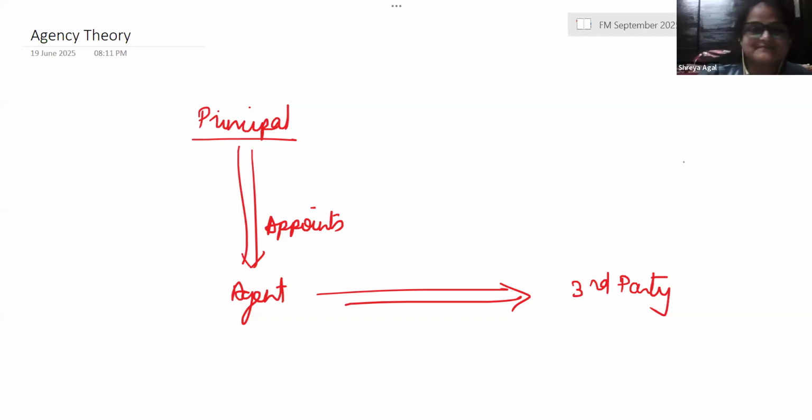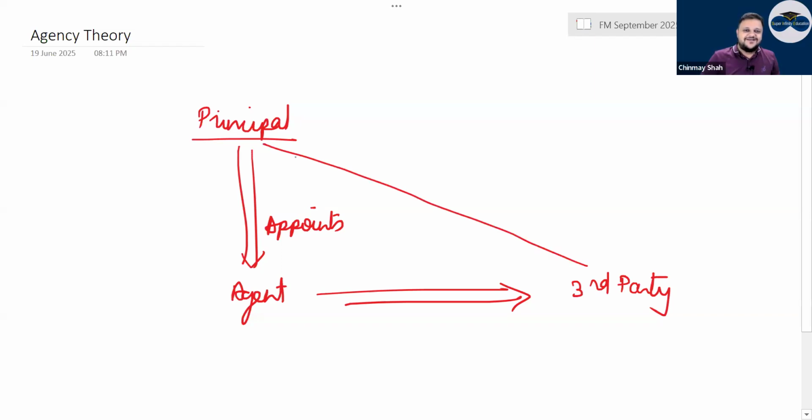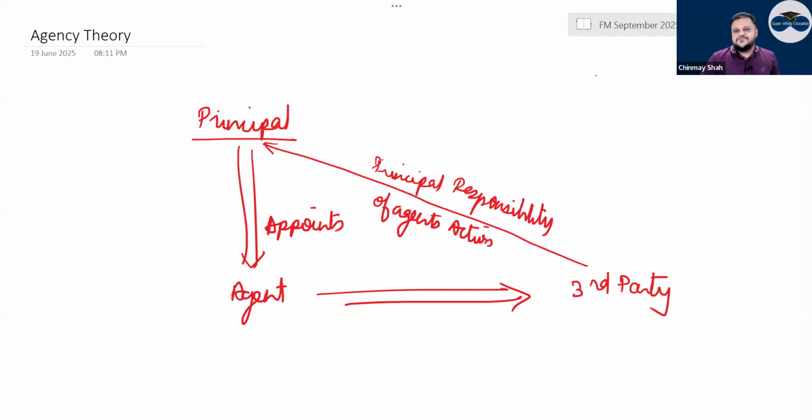So if anything goes wrong while dealing with the third party, who is responsible? Principal. So the principal is responsible for the actions of the agent, if anything goes wrong.